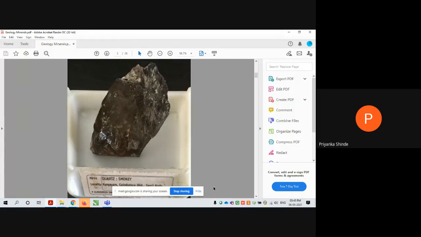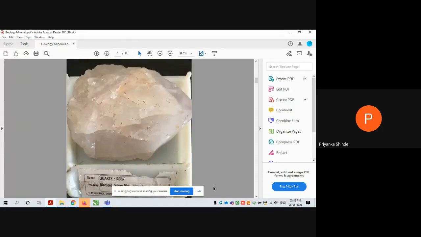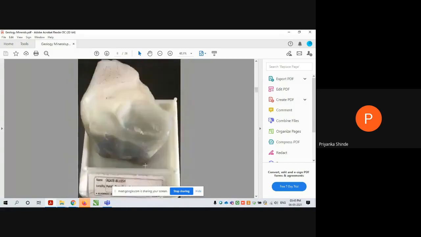Then some minerals like agate, because of its banded form, give a very beautiful appearance, so they are used as door handles. The main use of agate is as a mortar and pestle, to crush medicines and make fine powder of medicines, right? So this agate mineral is used as a mortar and pestle.